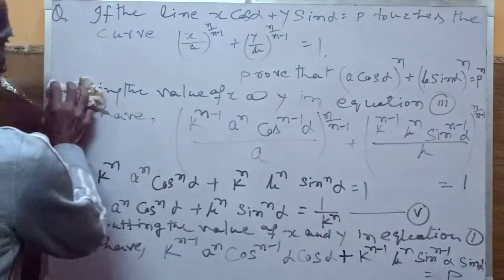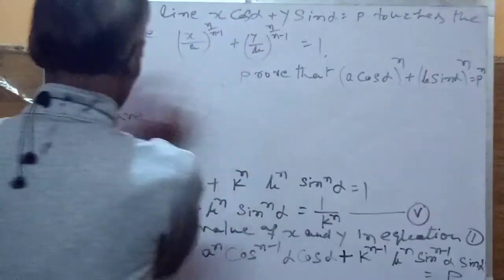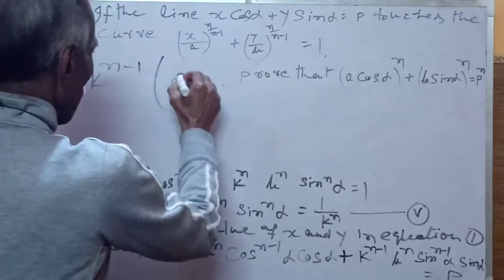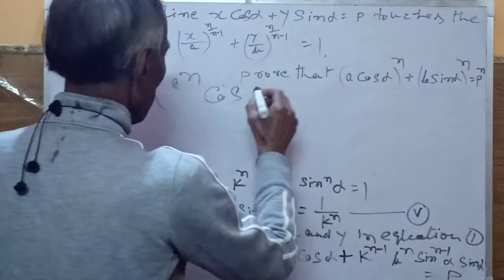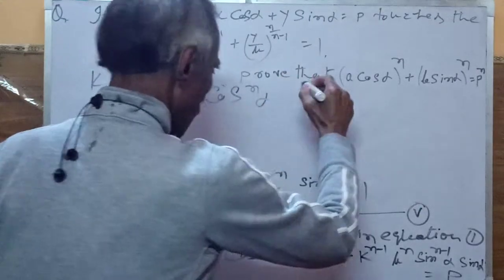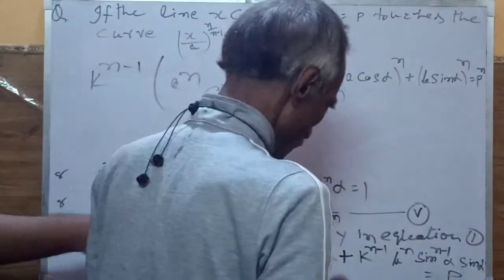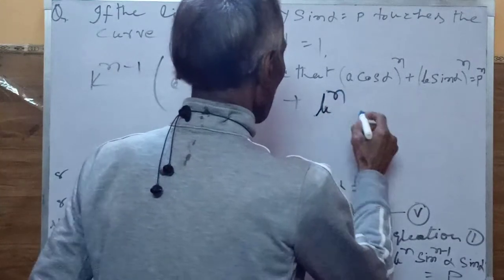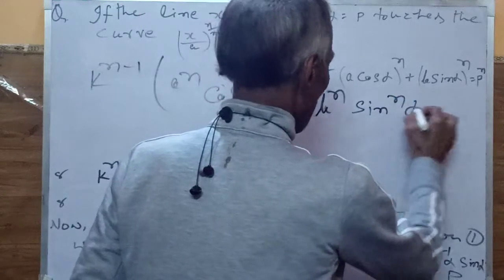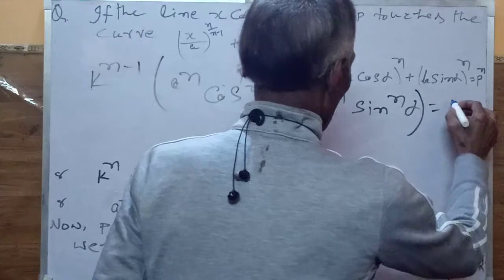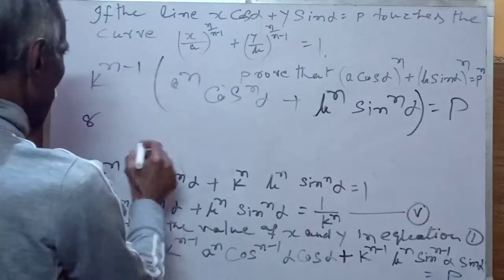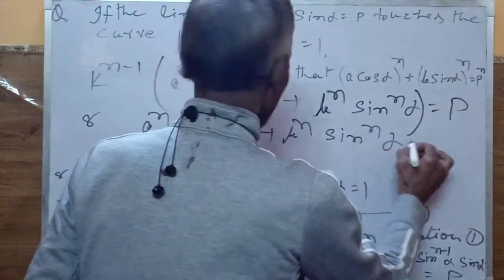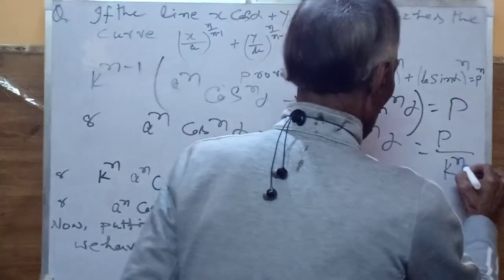Now take k^(n-1) common, and we can write k^(n-1) times (a^n cos^n alpha plus b^n sin^n alpha) is equal to p, or it can be written as a^n cos^n alpha plus b^n sin^n alpha is equal to p by k^(n-1).